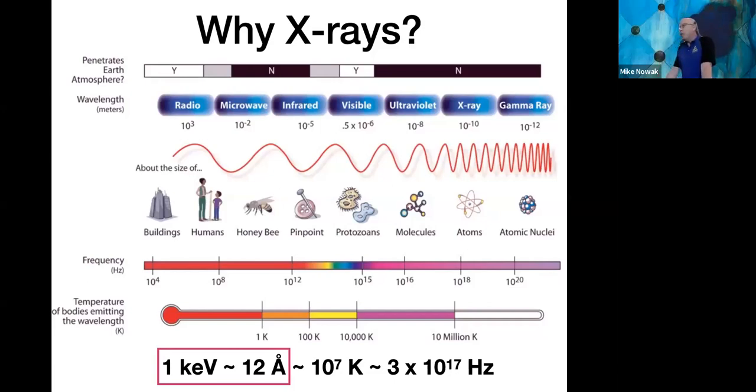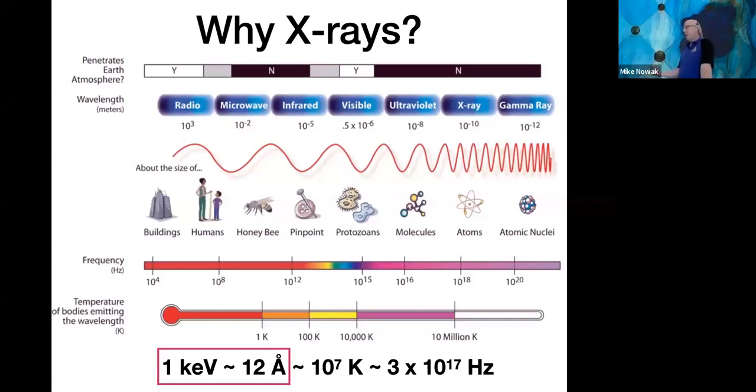Equivalently, in energy, what I might use to describe this is the kiloelectron volt. Instead of wavelength or frequency, in X-ray astrophysics we often talk about the energy of the photon, and a kiloelectron volt is a very typical energy for an X-ray. Or equivalently, we talk about temperatures.